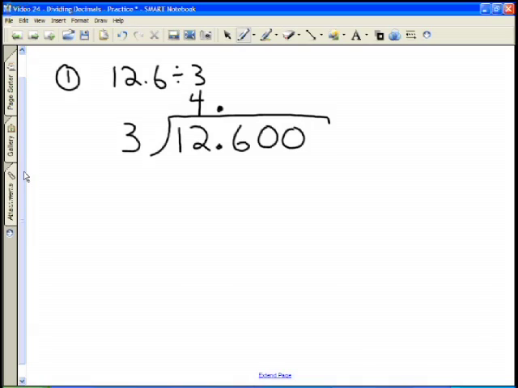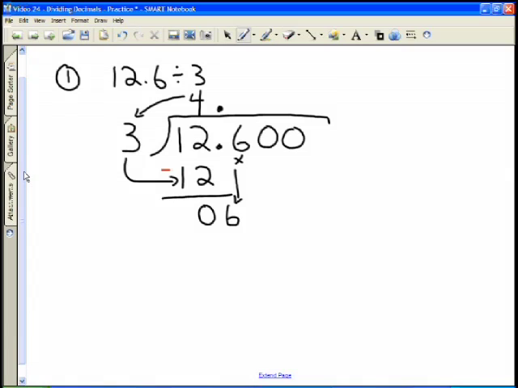Now we multiply 4 times 3 and write the result 12 underneath. We then subtract, and we get 0. So in fact, 3 goes into 12 exactly 4 times. But that's fine. Now we carry down the next number.